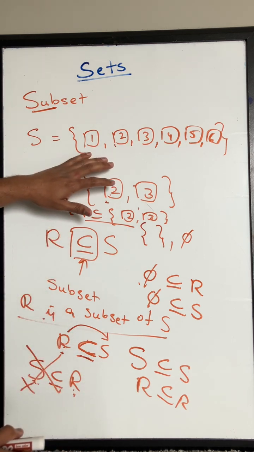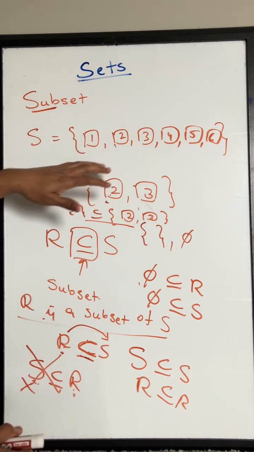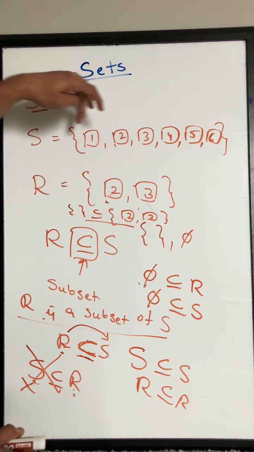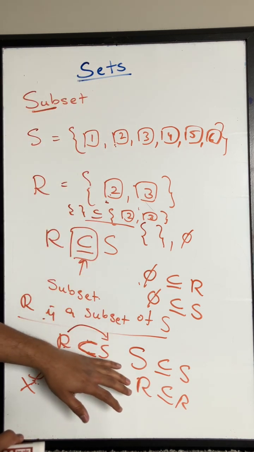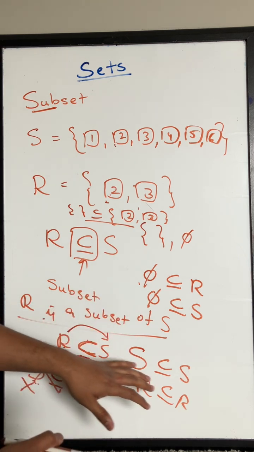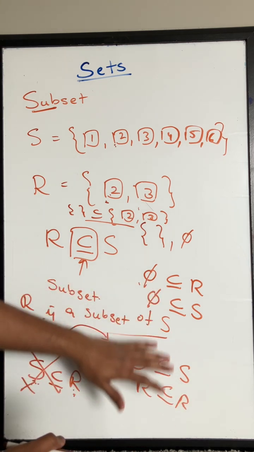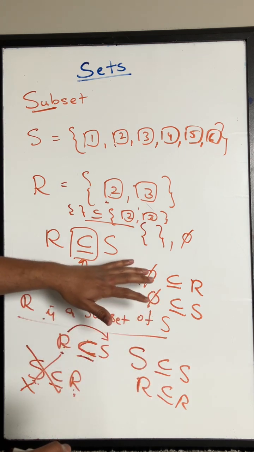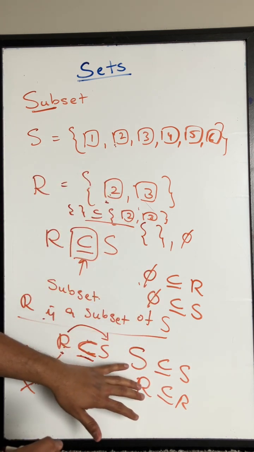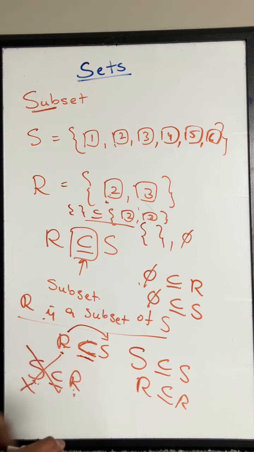If I pick 1, it is there in S. 2 is there in S, 3 is there. You can think twice, and it makes sense. So we write these: the empty set is a subset of any set, and every set is a subset of itself.